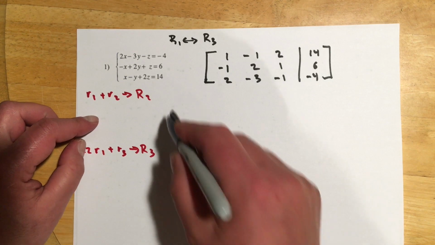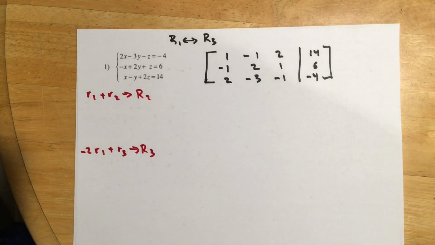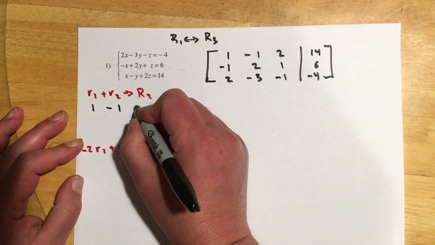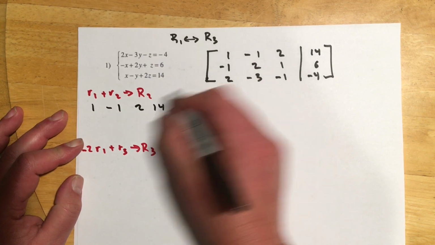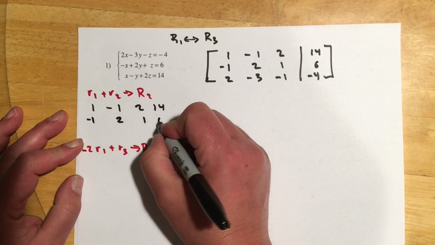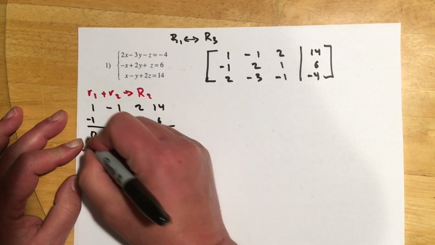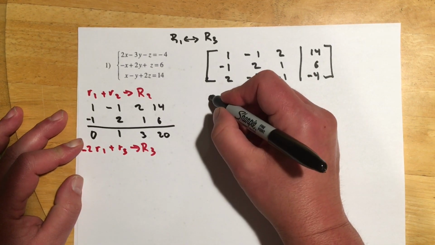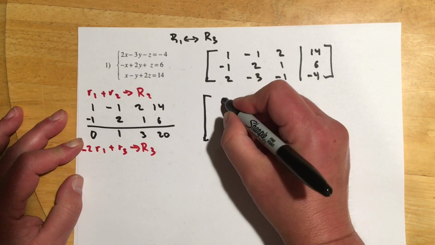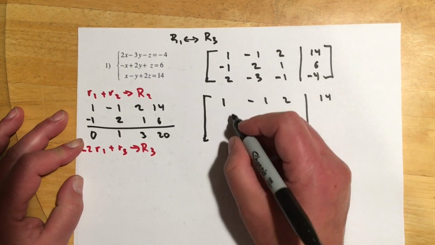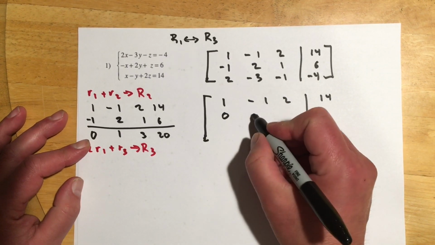And I'll just do the scratch work over here and then put it all together. So row 1 is this, row 2, adding those, there's that first 0, 1, 3, and 20. So 1, -1, 2, 14, and then here's my new row 2.